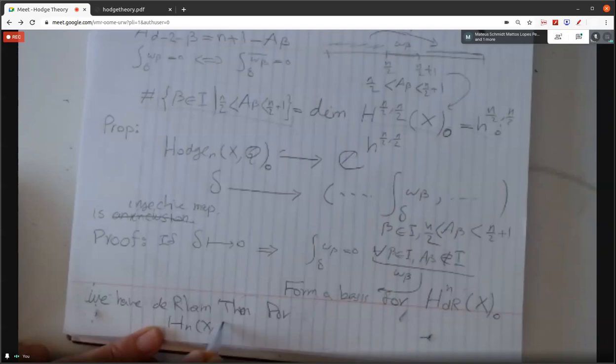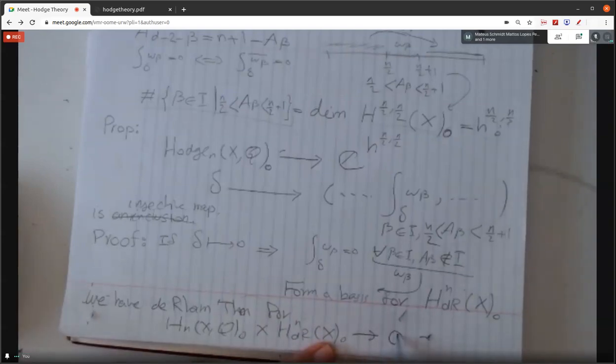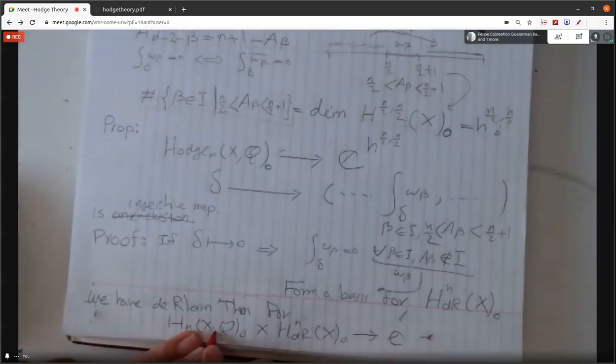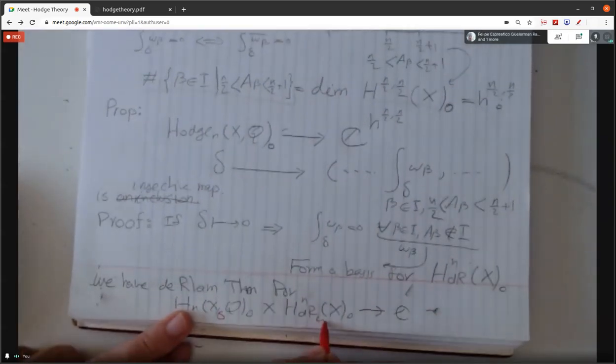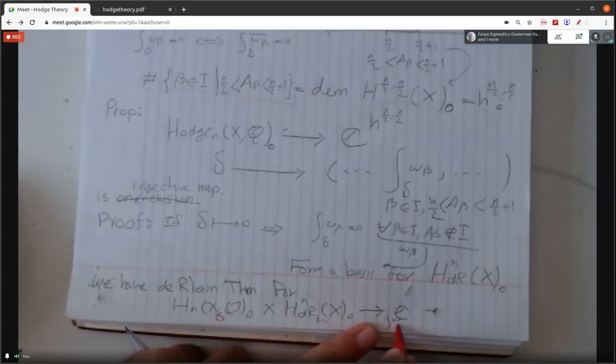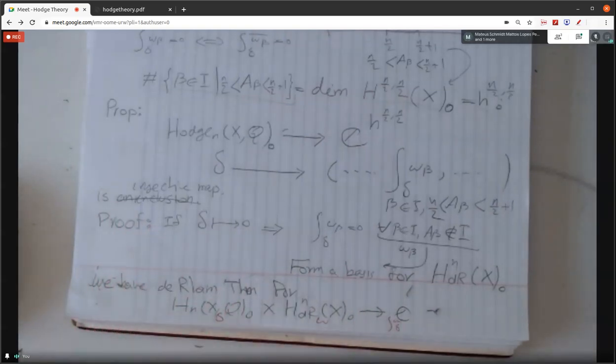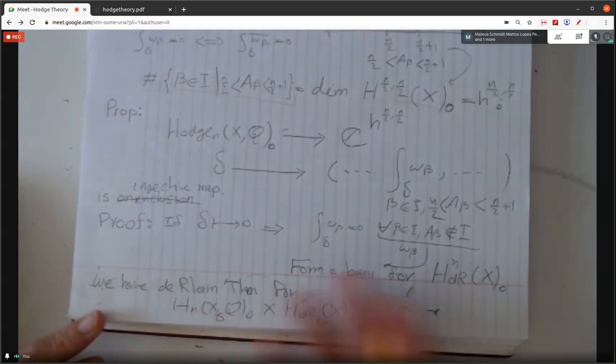So for H n of X primitive, H n de Rham of X primitive, the integration, delta and omega going to the integral of omega over delta, this is non-degenerate.